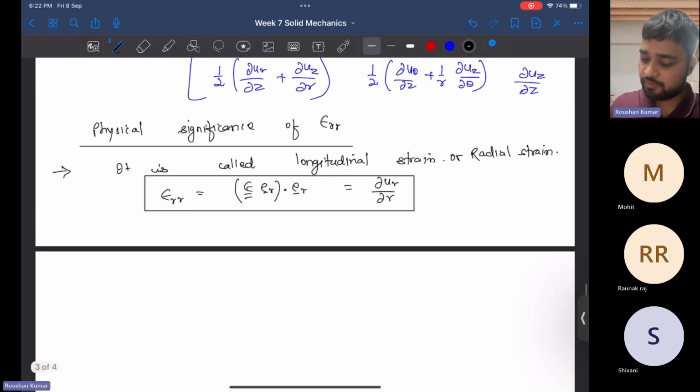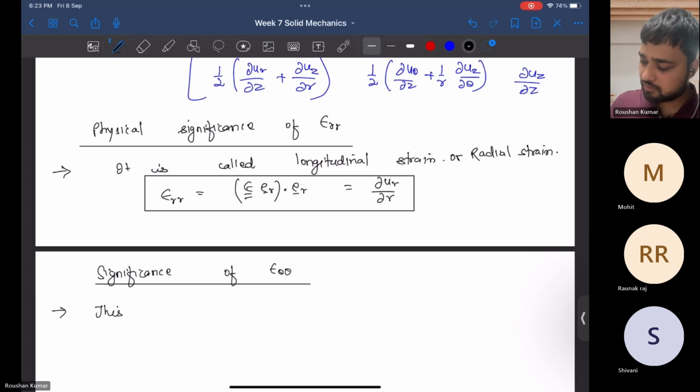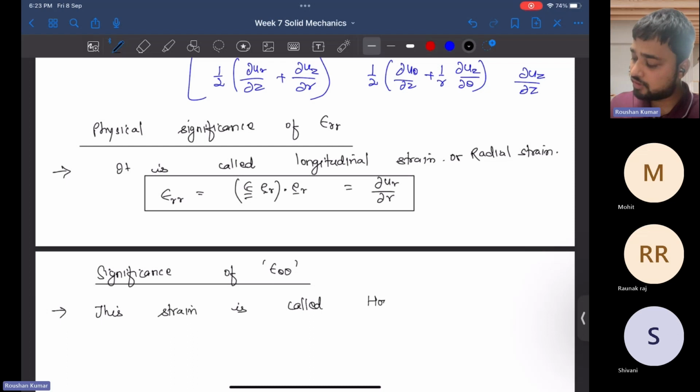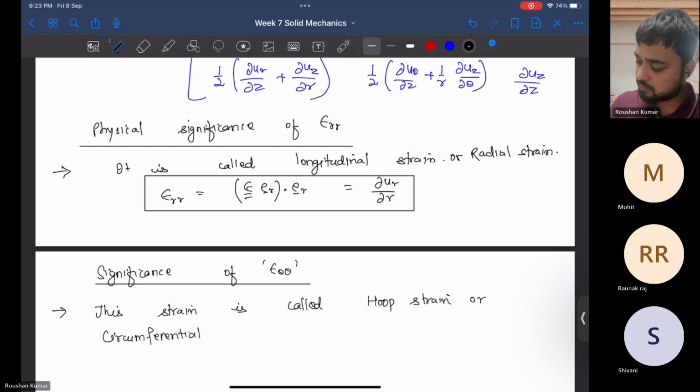The next one is the physical significance of epsilon theta theta. This strain is called hoop strain or circumferential strain.